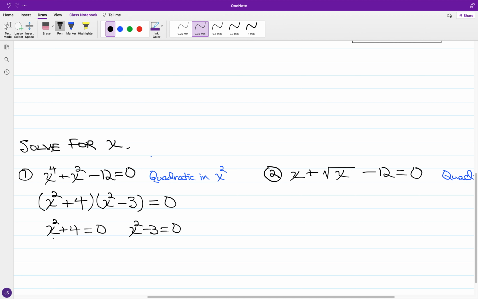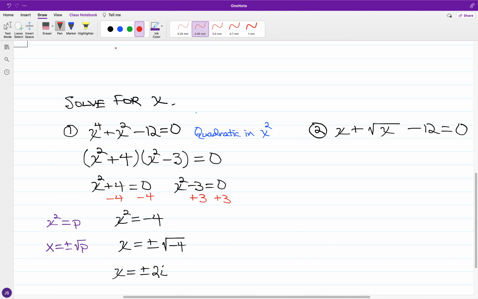Now, for the case of x squared minus 3 is equal to 0, upon adding 3 to both sides, we have that x squared is equal to 3. With the square root property of equality, going from x squared to x, we have x equal to plus or minus the square root of 3.